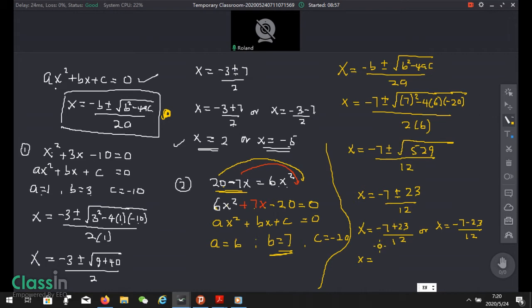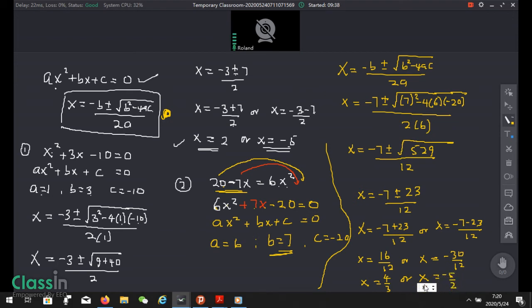So negative 7 plus 23 will give us 16 over 12. Or x will be negative 7 minus 23, which is negative 30, so negative 30 over 12. Of course, we can simplify the answers here as 4 over 3, or negative 30 over 12 gives us negative 5 over 2.